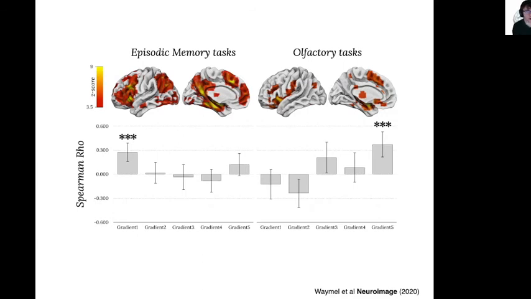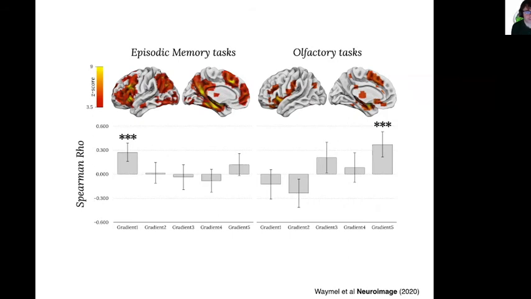Gradient number 1 is really related to functional activations that are consequent to the achievement of episodic memory tasks. It is significant, and this is the only one that is significant. In contrast, gradient number 5 is the one that is related to olfactory tasks.